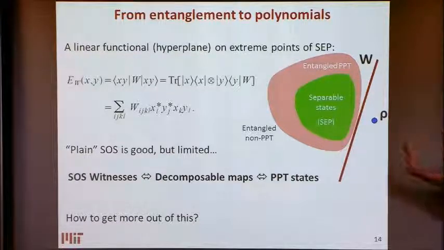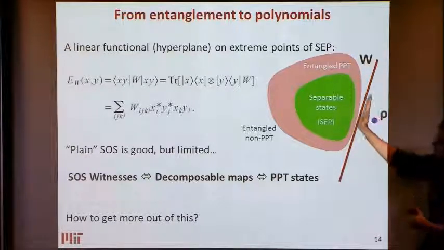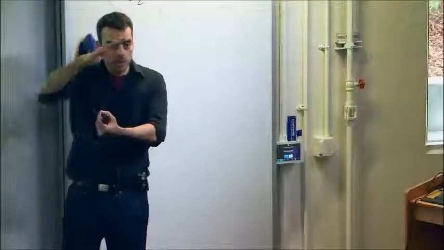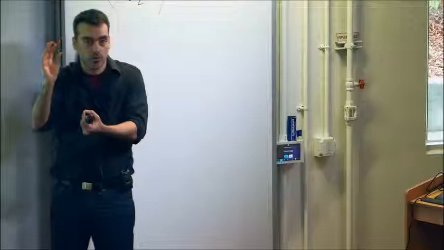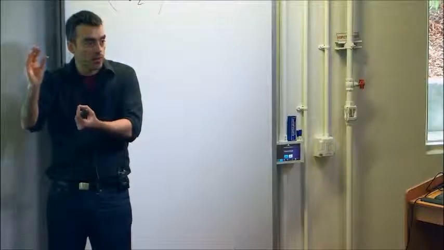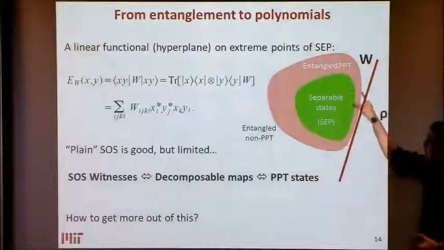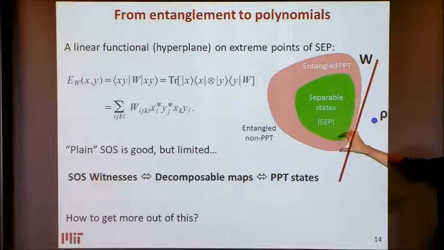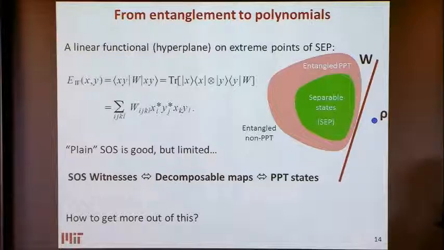Remember, instead of identifying all the possible non-negative polynomials, I'm just identifying a smaller subset, which are the ones that are sums of squares. So in this picture, that gives me a coarser approximation of my set, so the approximation is going to be bigger. Here, it's just duality. I make things smaller on one side, they get bigger on the other.